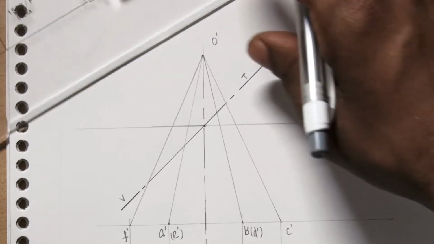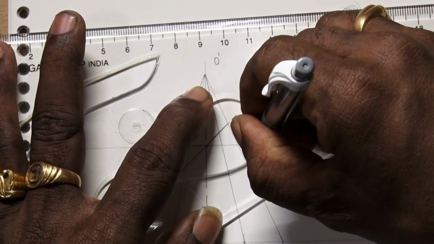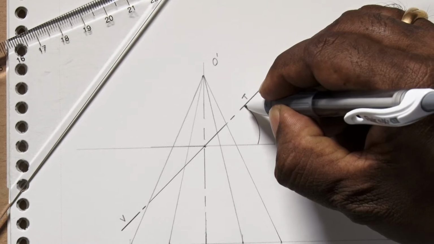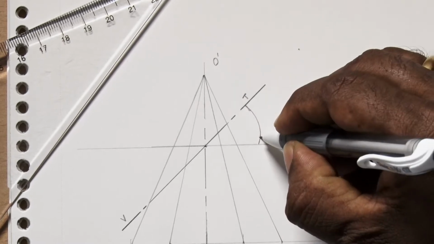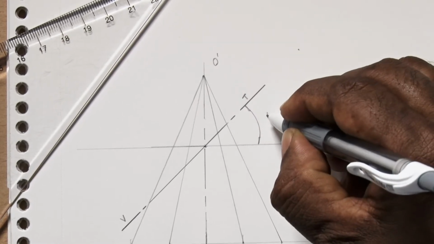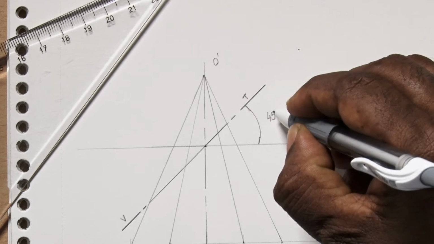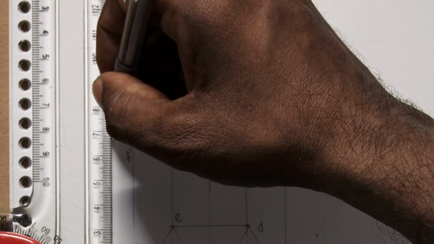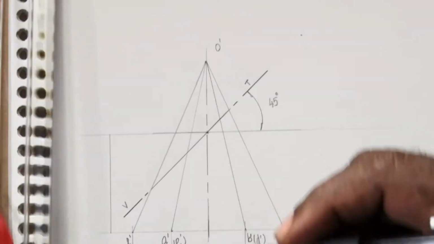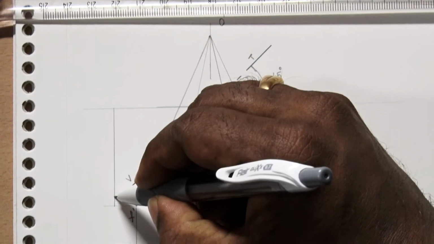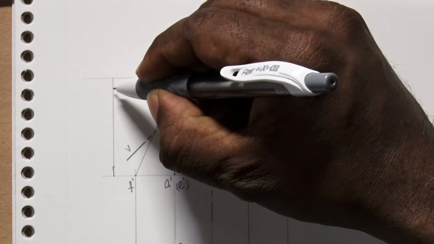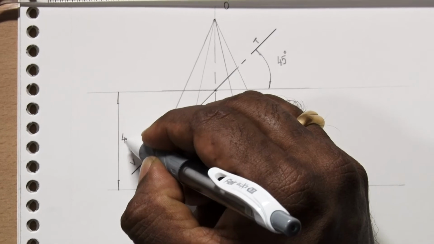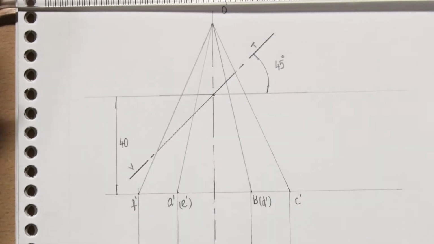The inclination is given as 45 degree. This is 45 degree, and the cutting plane is 40 mm from the base. The cutting plane meets the axis at a distance of 40 mm from the base.